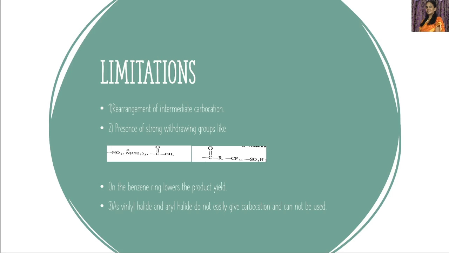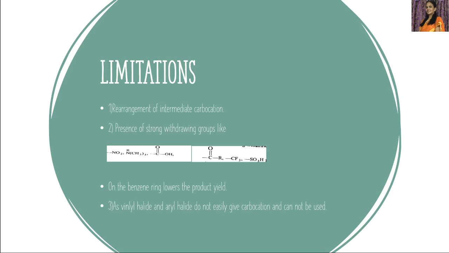The second one is the presence of strong electron withdrawing groups like the NO2 group, and the trialkyl amino group. Next one is the carboxylic acid group. Next, the acyl group.